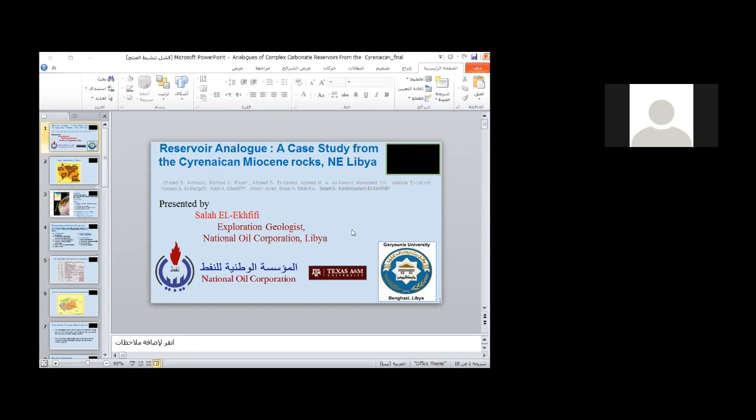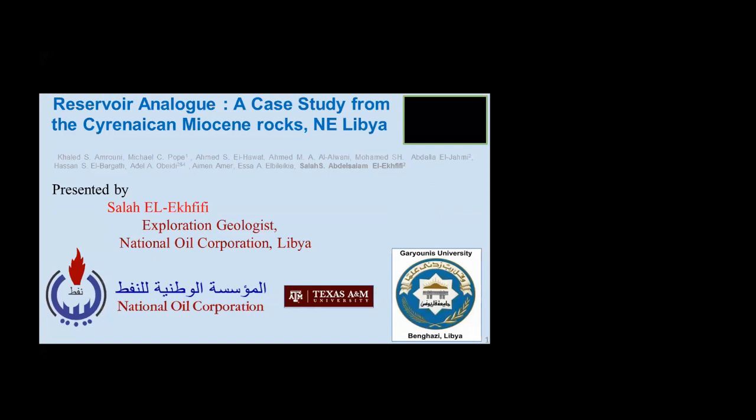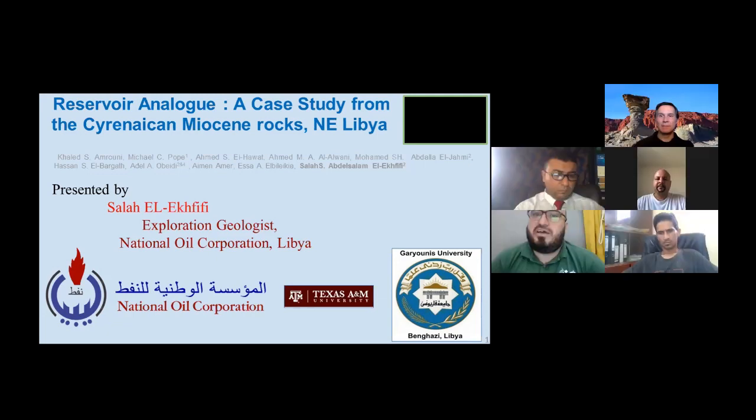So we will talk today briefly about a very important subject, which is called reservoir-analogue, a case study from Northeast Libya, from Cyrenaica. In fact, this study has been done in order to understand the rock properties from outcrop for further exploration studies to evaluate any area in terms of oil exploration.